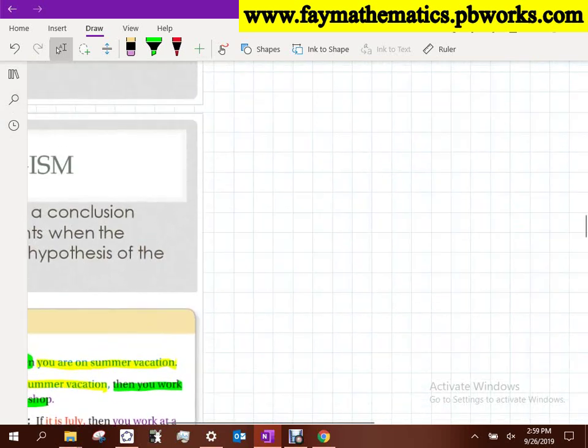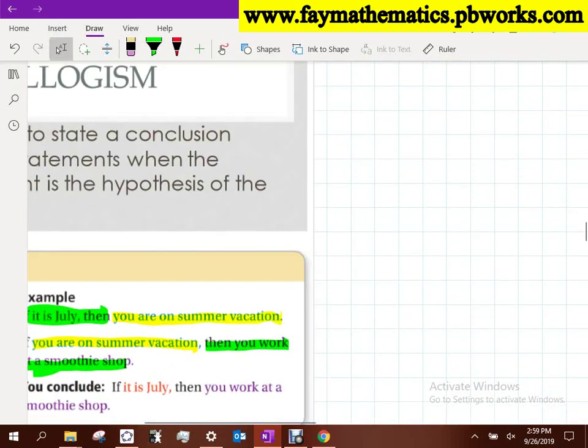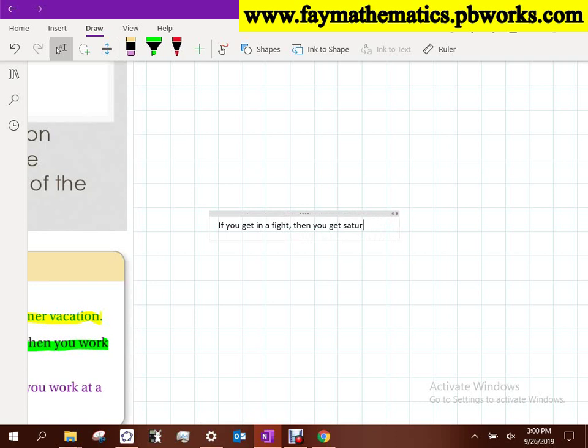So we do just an example where we're talking about non-mathematical things. Let's say if you get in a fight, then you get Saturday school.